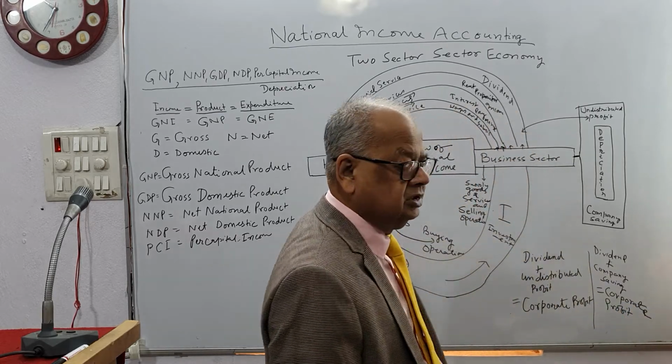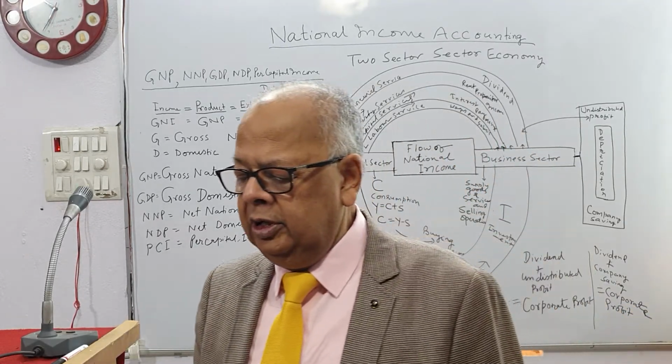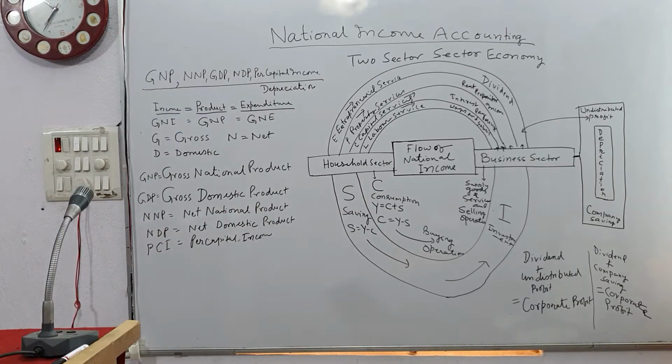Dividend plus company saving will be known as corporate profit. Dividend plus company saving added together will be equal to corporate profit.